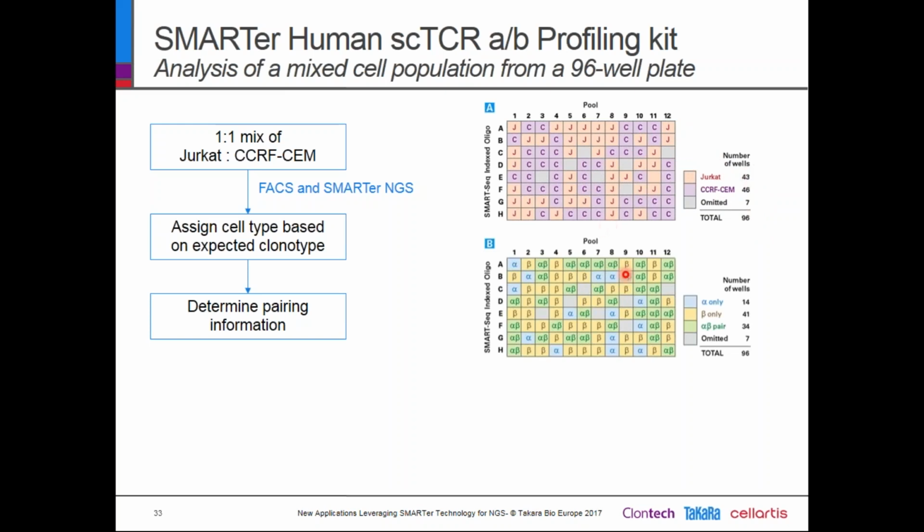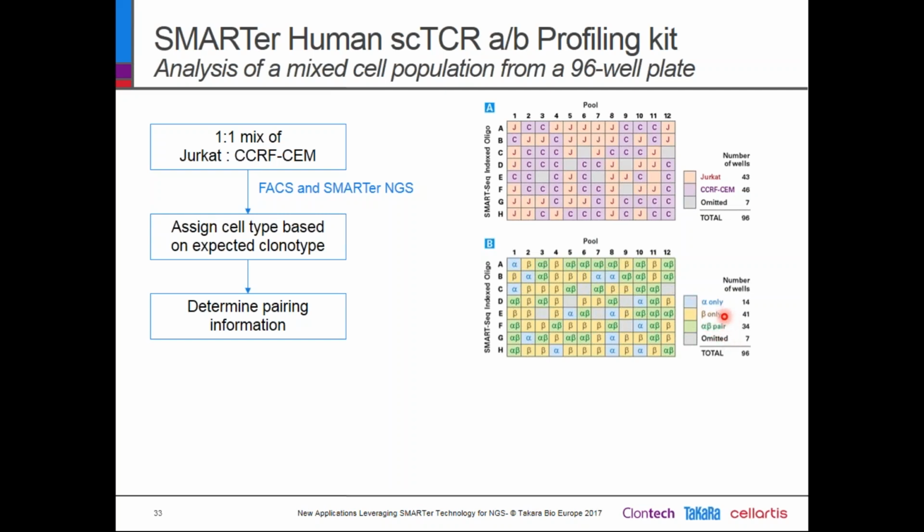And then we analyzed the pairing information. We can see here that in some of the cells, we are able to identify only the alpha chain. In others, we identify the beta chain. And in others, we are able to identify alpha and beta pairing.